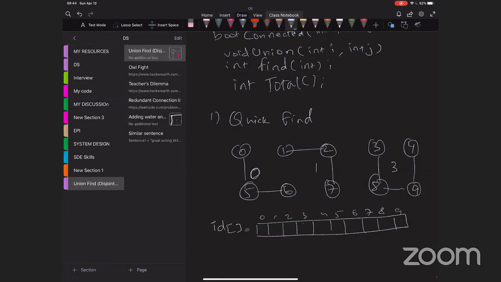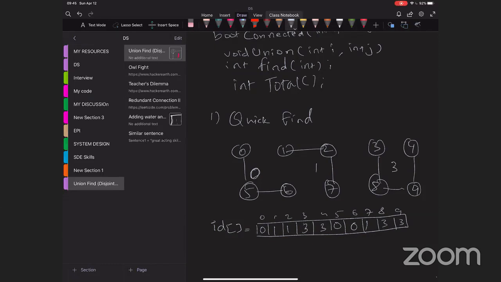So 0, 5, and 6 are connected, so all of their IDs are 0. 1, 2, and 7 are connected, so all of their IDs are 1. And 3, 4, 8, and 9 are connected, so all their IDs are 3.